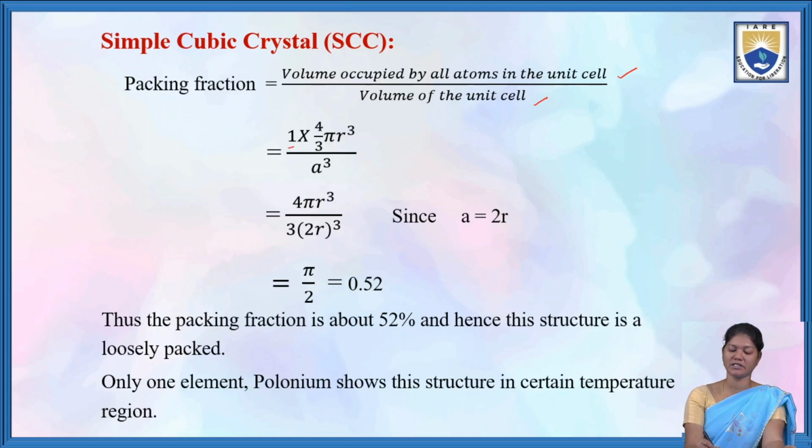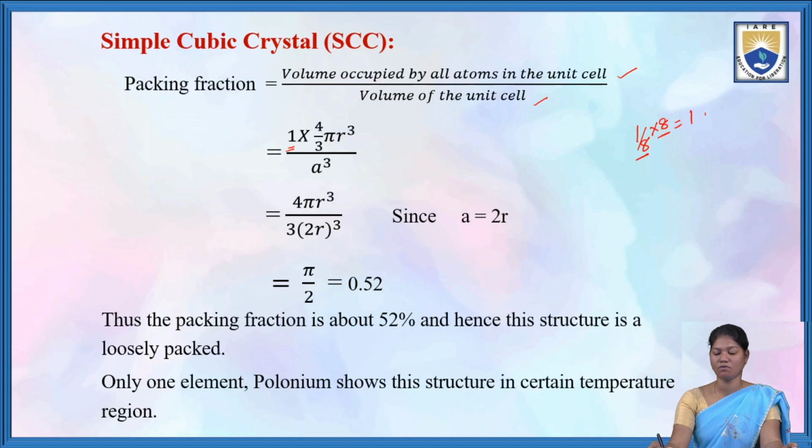The number of atoms in a simple cubic is 1, because each of the 8 corners has 1/8 of an atom, so 1 by 8 into 8 is 1 atom.